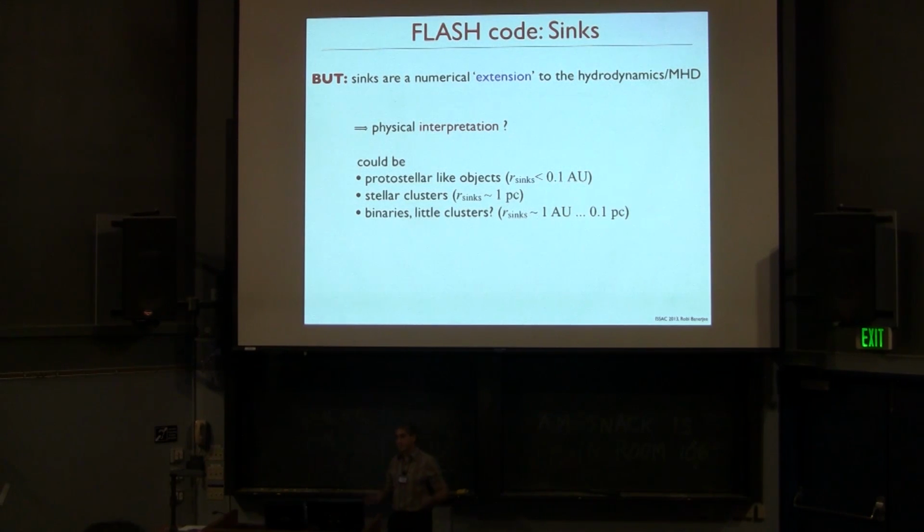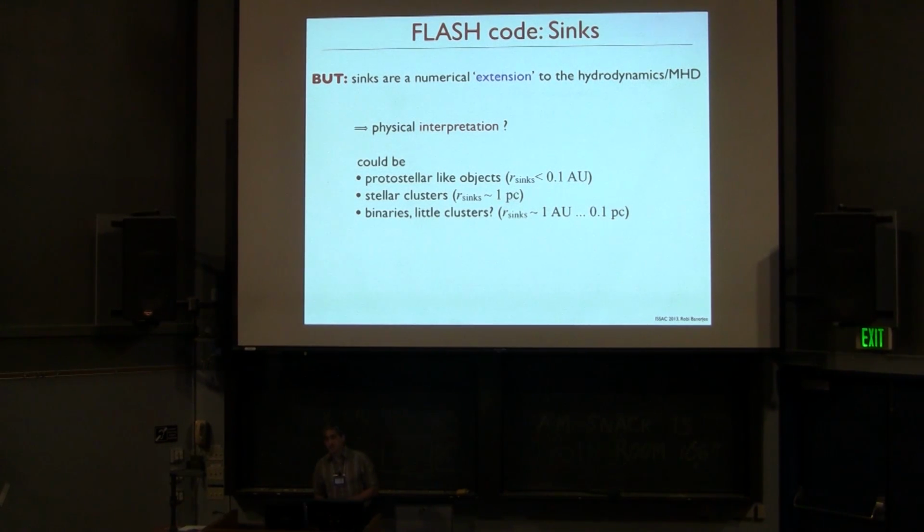But if you do more global simulations, go to larger scales, try to simulate the formation of molecular clouds, for instance, you can't afford, not by now at least, to increase the resolution all the way up to a tenth of a parsec or so. So you want to replace regions which are much bigger, maybe up to a parsec. And then, of course, a single collapsing region is not a single protostar anymore. So it's at least a small stellar cluster.